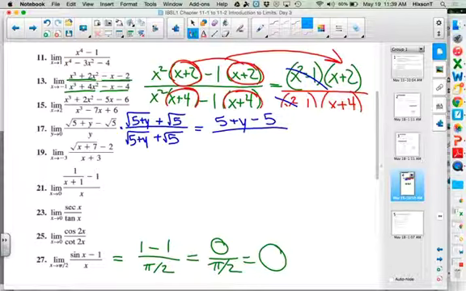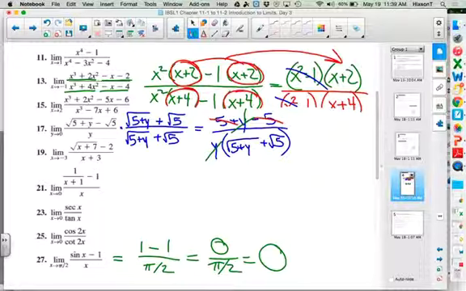Okay? So look, the 5 minus 5 is 0, and I'm left with just a y in my numerator. The denominator is going to be y times that. And look, now my y's cancel out, and I have 1 over this, which when I plug a 0 in, I can directly substitute and get my result.